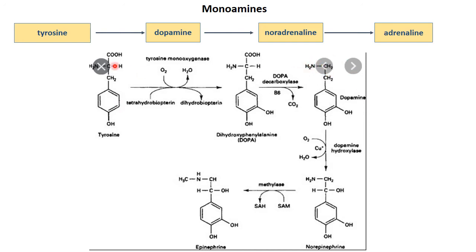You can see here and here, and this new molecule will be dopamine. Then dopamine will be converted into norepinephrine or noradrenaline, and then noradrenaline will be converted into epinephrine or adrenaline. We can see here what modifications happen at the level of the structure.